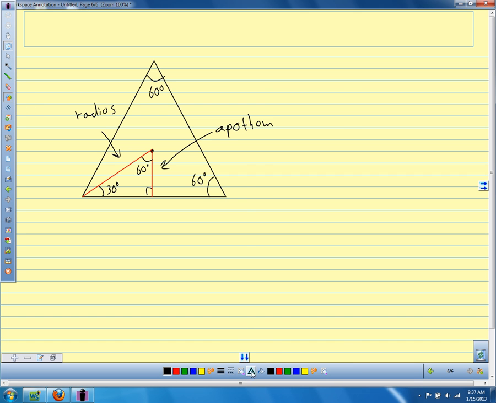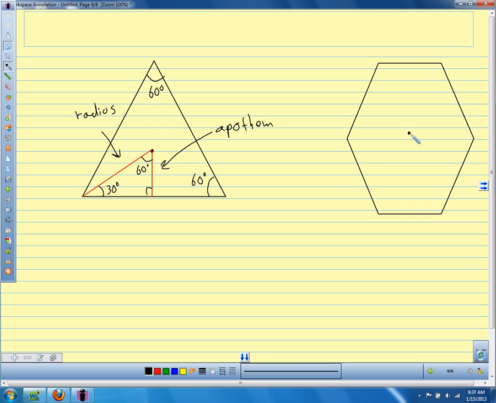The other problem in your homework has to do with a hexagon. And you have the same kind of picture. And these are just, like I said, a couple of the problems right at the very end of your homework. And I have the apothem and the radius for my hexagon.